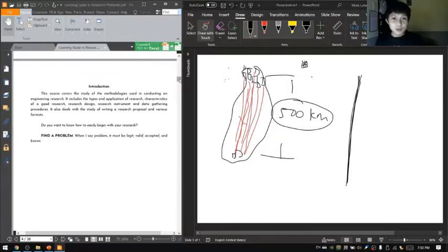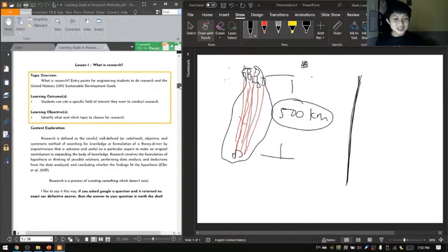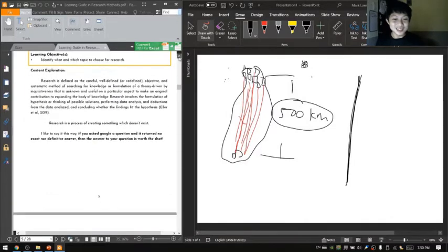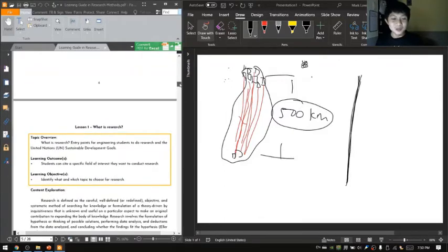So, kaya pa ulit. So, what is research? Actually, parang na-discuss ko na what is research, no? Actually, that's what research is all about.